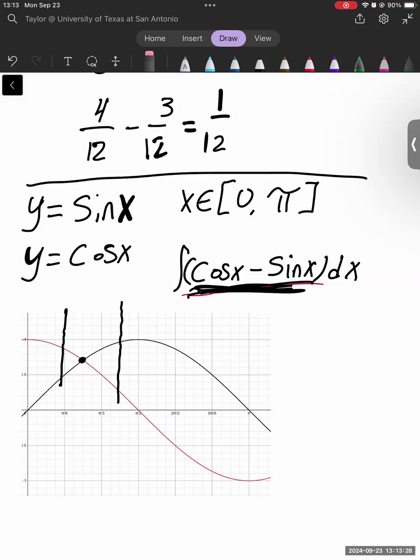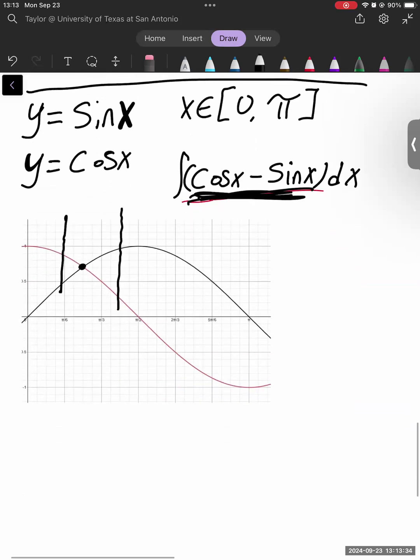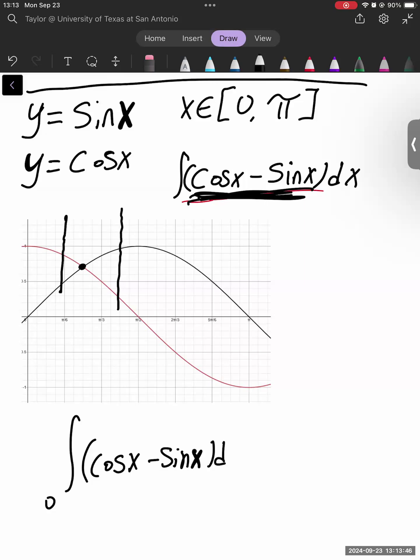We do need another part of the integral, and the other part of the integral, nice, thank you, Victoria, is here, 0 to some number of cosine x minus sine x. Plus or minus here, Victoria.